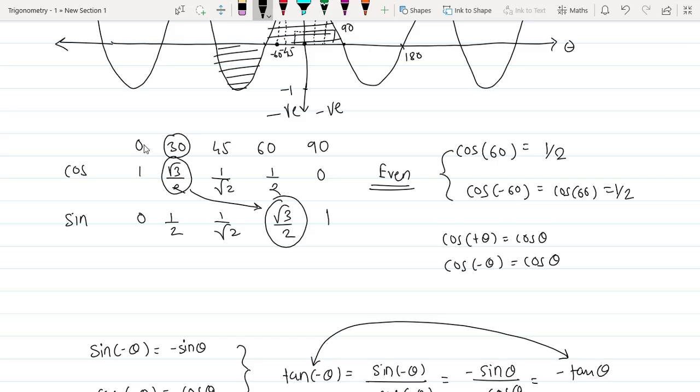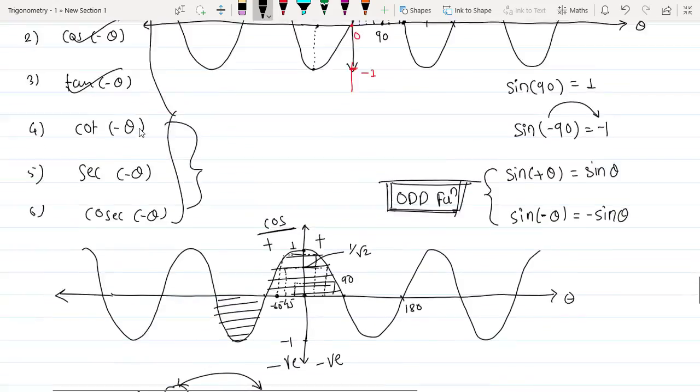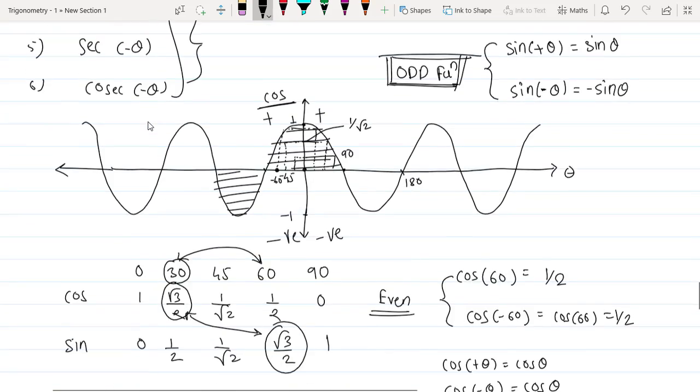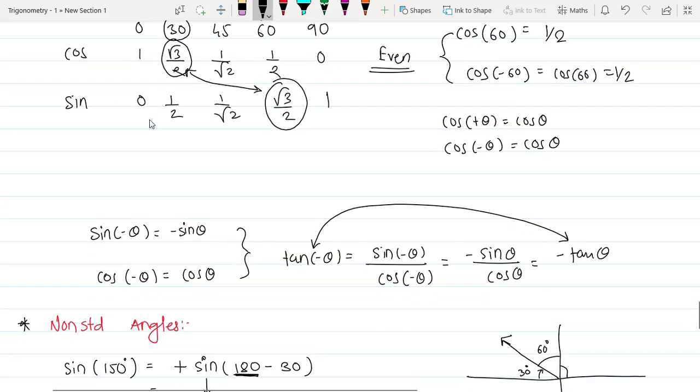Are you getting this? The sin of the 60 degree angle is the cos of the 30 degree angle. Means if I add these two angles, I should get 90 degrees. If you had completed the table, yesterday's homework, you would have understood this immediately. Whatever the angle of tan 30 degrees is, that will be the angle of cot 60 degrees.